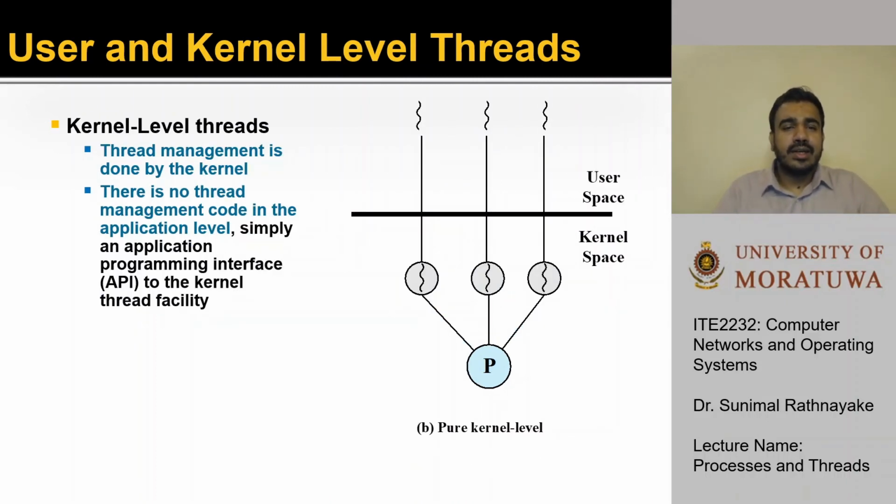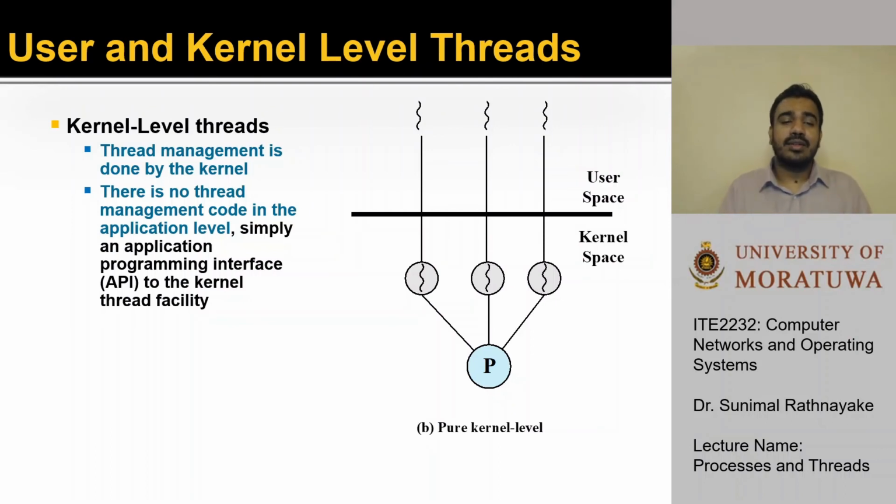Then we have kernel level threads. In this case, you have more than one user space thread. I mean, the user space threads are mapped into kernel level threads. So in user space, you have one user level thread, and in the kernel space, one kernel level thread is mapped to that user space thread.